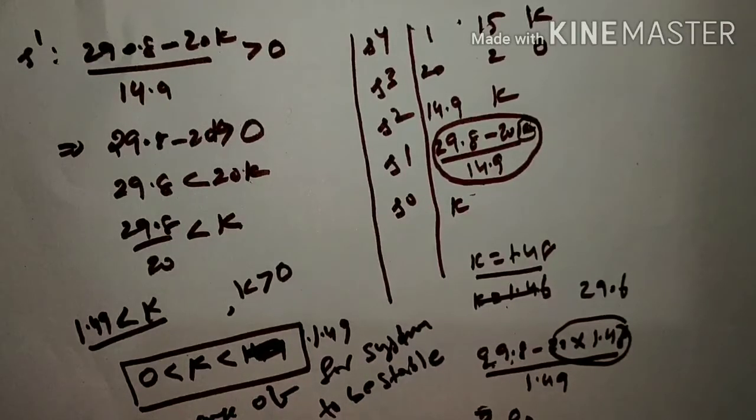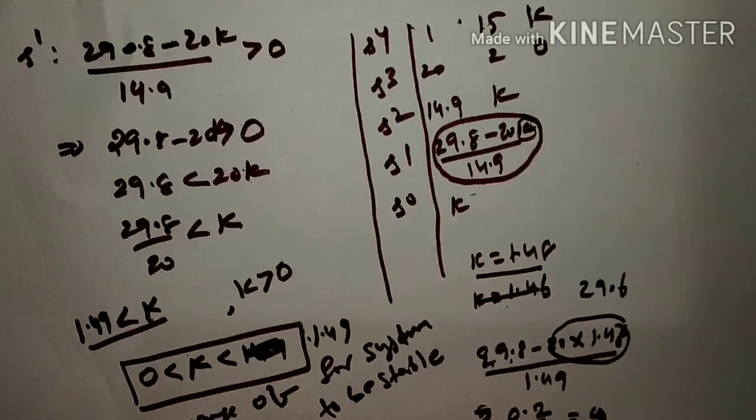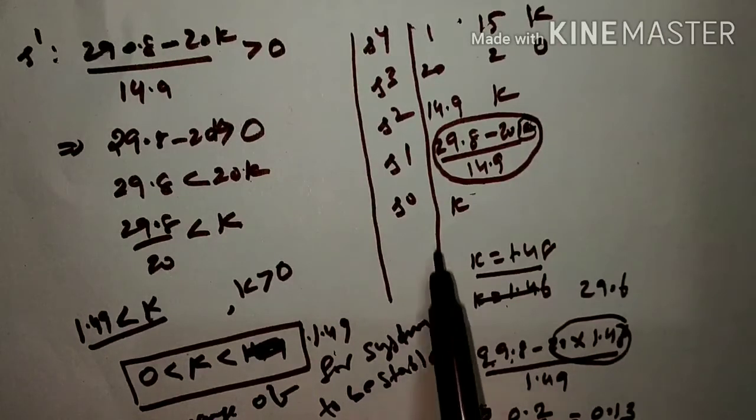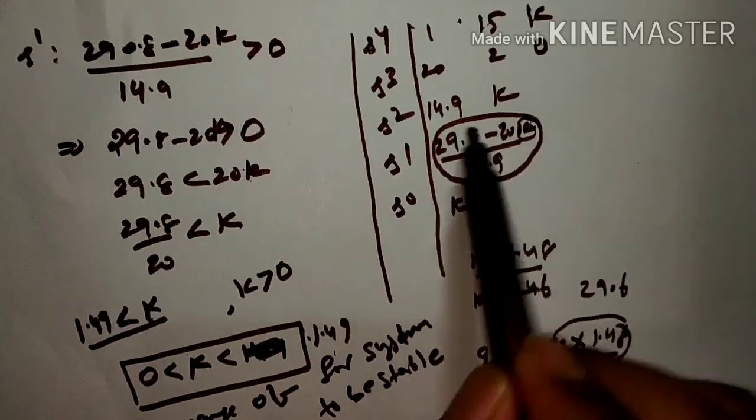So you will get 0.2 by 1.49, which is about 0.13. So if you substitute k as 1.48, you got the value 0.13. It means this is a positive value.